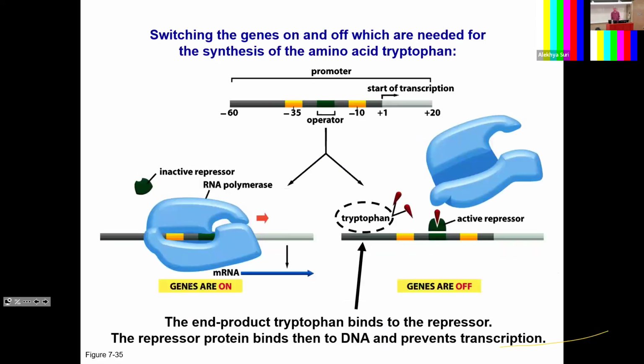So there are some principles of how transcription is turned on or can be turned off.